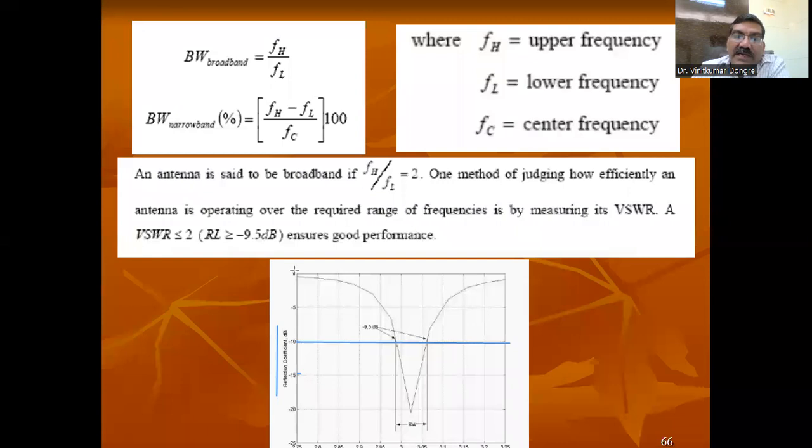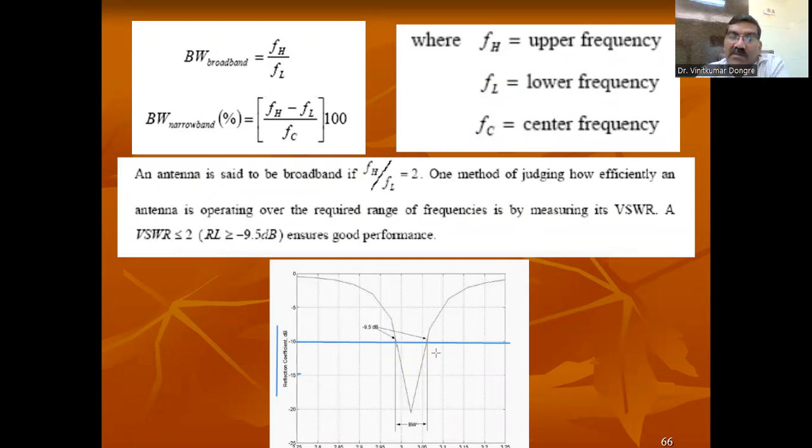Now, the reflection coefficient is on the y-axis, and the frequency range is on the x-axis. This black curve is the behavior of this particular antenna for this range of frequency. For this range of frequency, it has, say, minus 5 dB reflection coefficient here. Then it decreases below 10 dB.